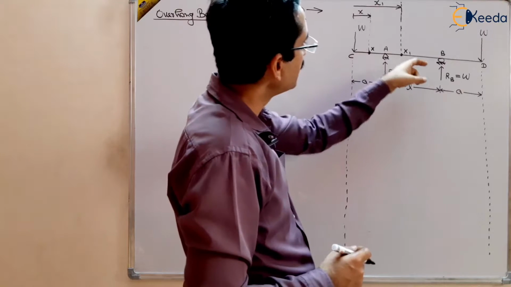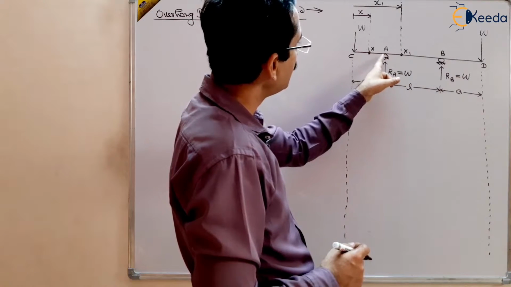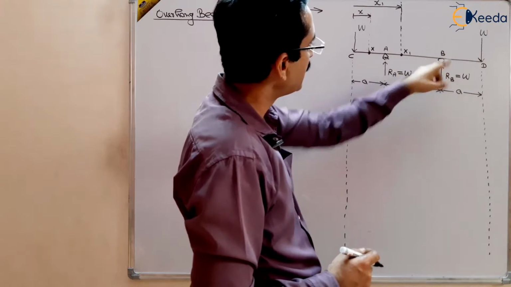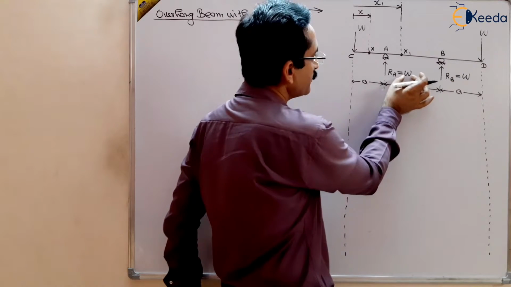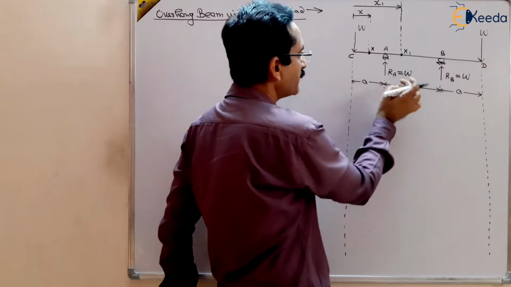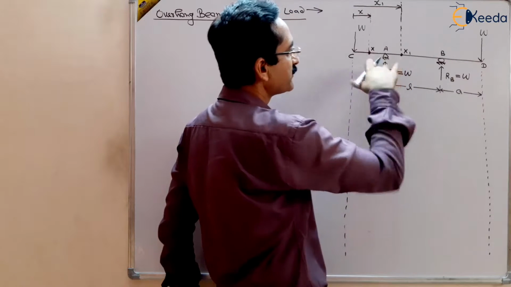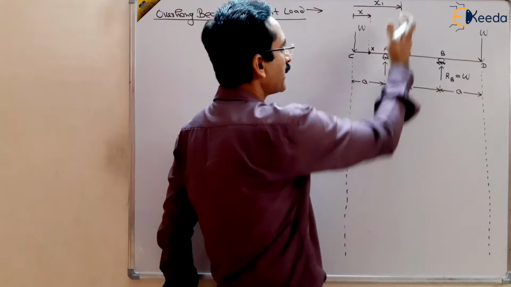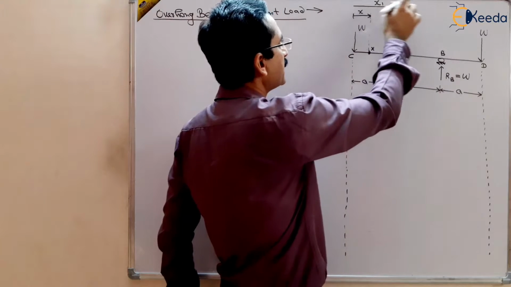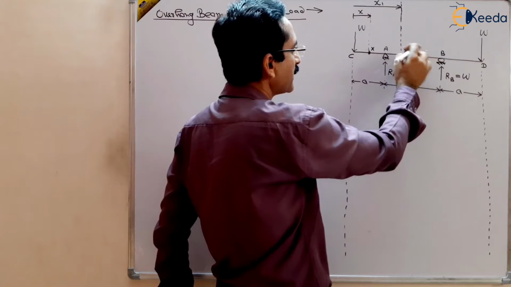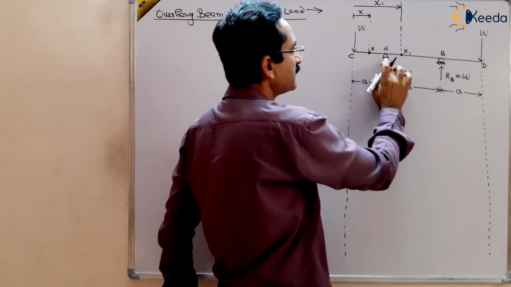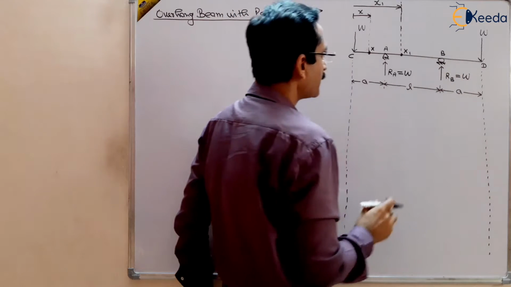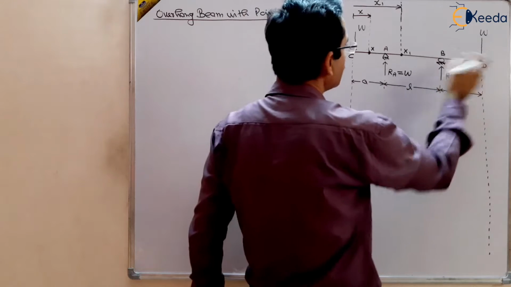But when we jump from A to further between A to B, there will be a load W acting. So W downward, W upward. So shear force will change, and that's why the equation will not be valid. I have to take another cross section at a distance x1, and this will be valid between A to B. And between B to D there is symmetry.